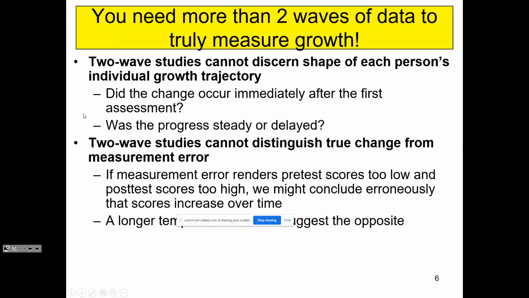When you estimate the amount of growth based on that change score, you're going to underestimate the amount of true growth, because the pre-test score is a little too high and the post-test score is a little too low.